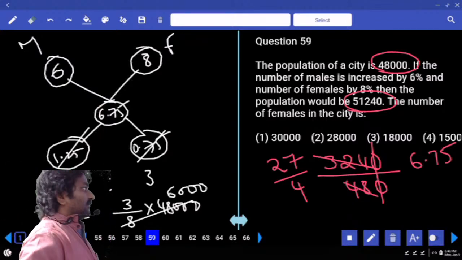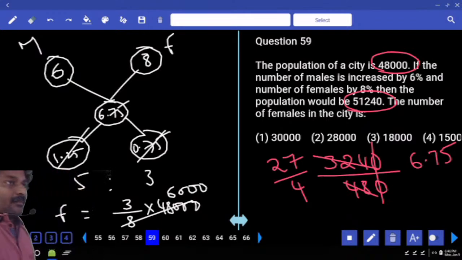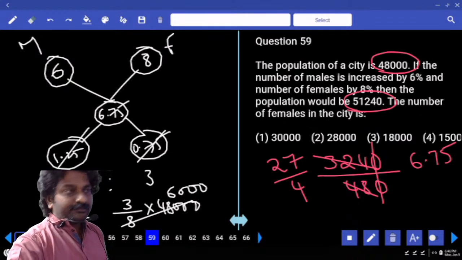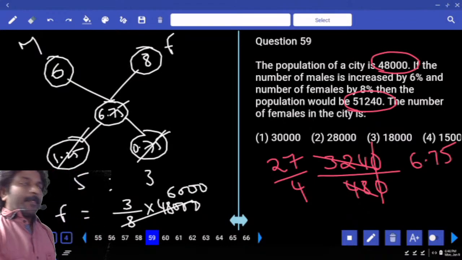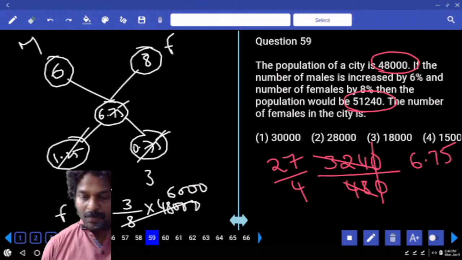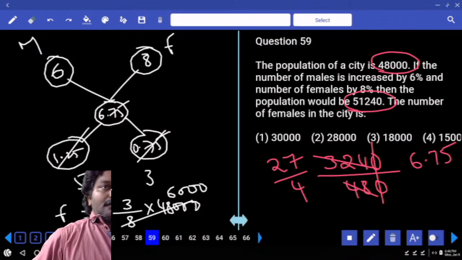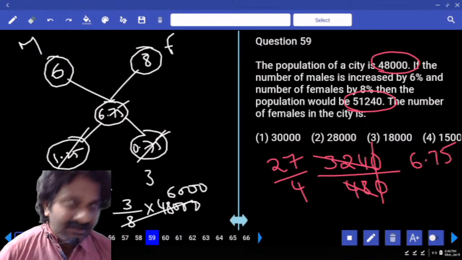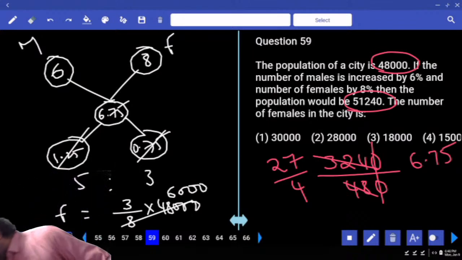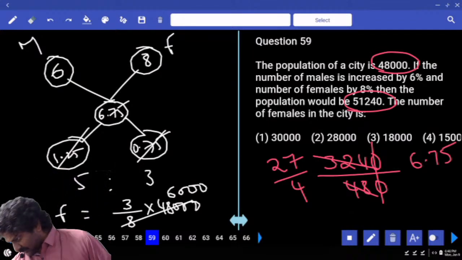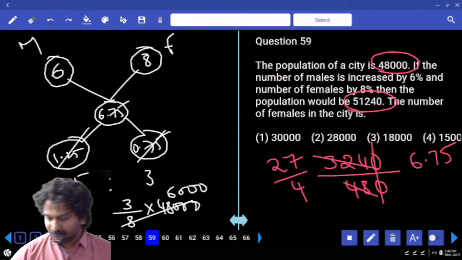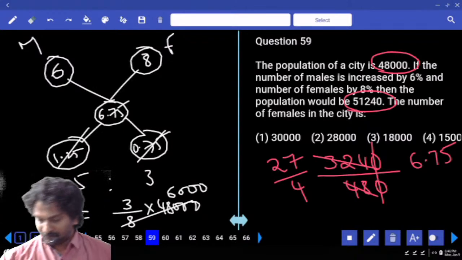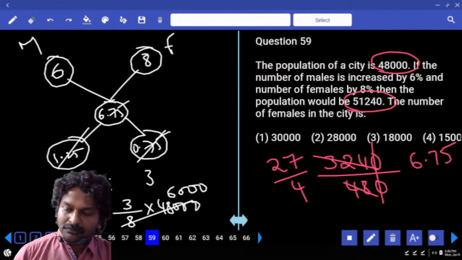Third option is the answer. If you use any other method, it takes lengthy and time taking. Over.